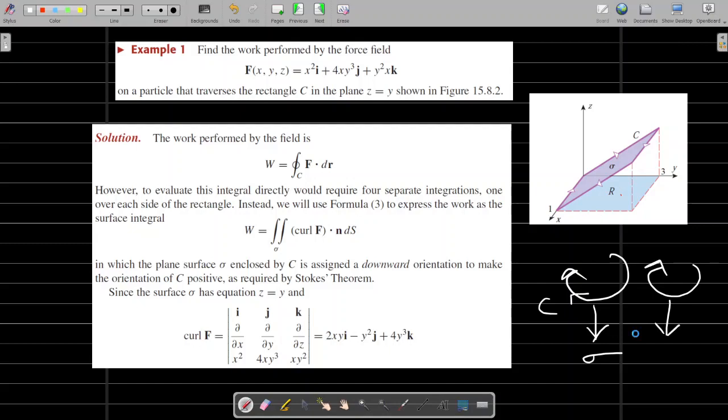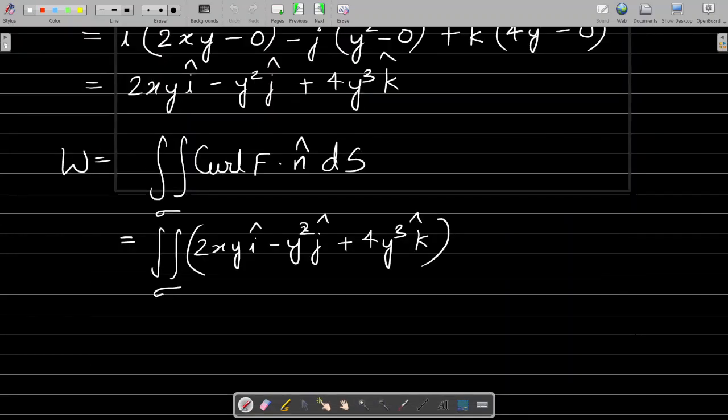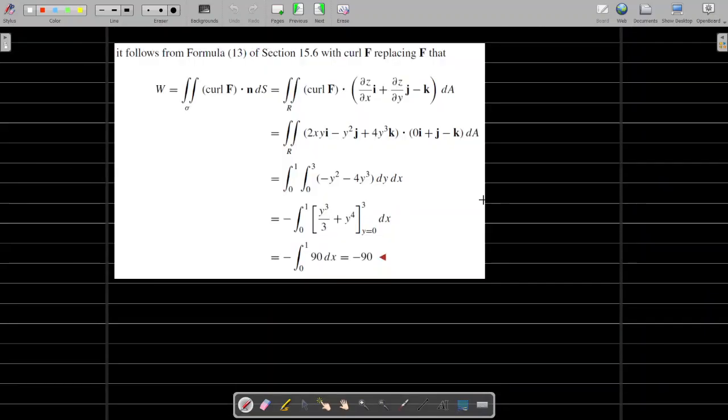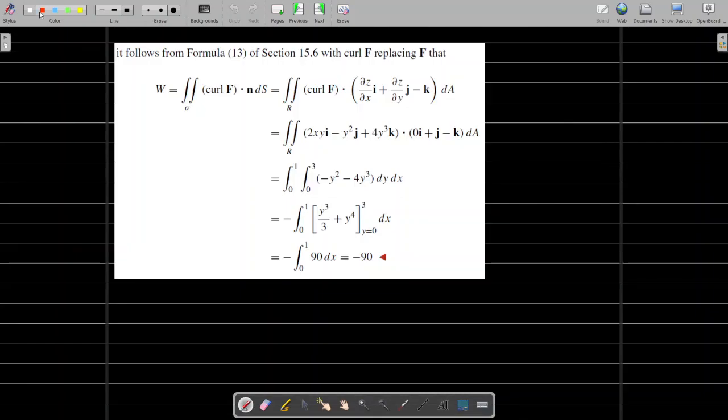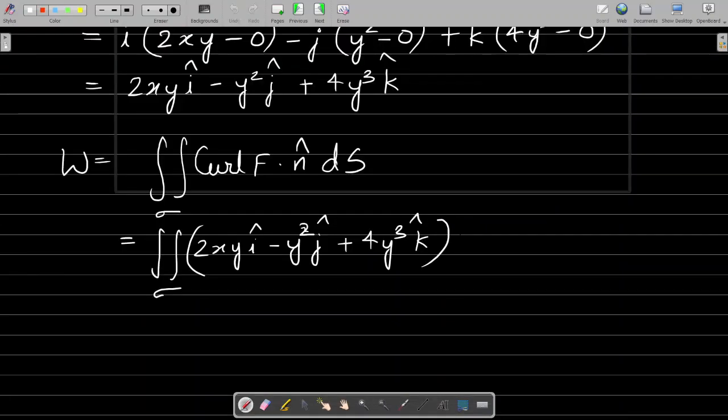So your n cap will be dou z by dou x i plus dou z by dou y j minus k. As you can see here, it is dou z by dou x i plus dou z by dou y j minus k, into dA.